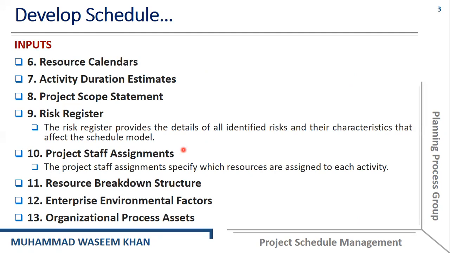Similarly, we have discussed the resource breakdown structure, enterprise environmental factors, and organizational process assets. Again, we are not going to discuss these inputs because we have discussed them many times in the previous lectures. And obviously, we have discussed the risk register briefly. We will discuss it in detail in the risk management chapter and lectures.